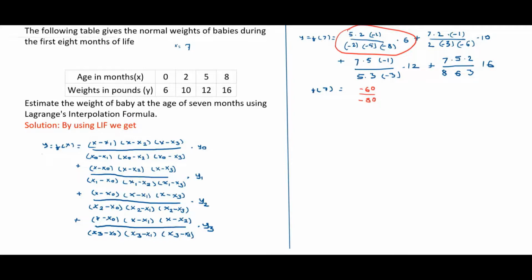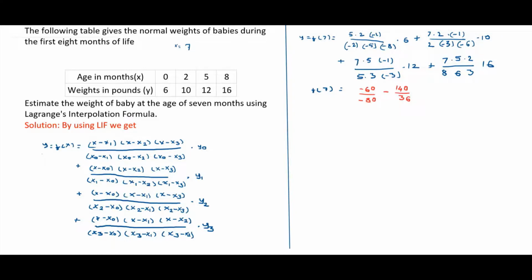Now you have to simplify the second one. If you simplify the second term, you will get minus 140 divided by 36.